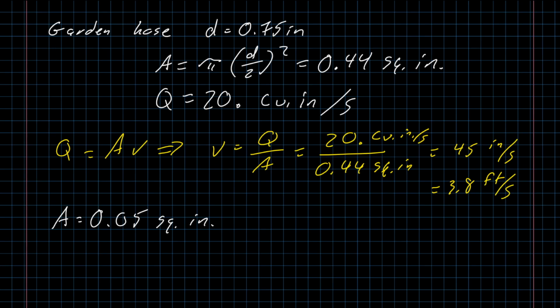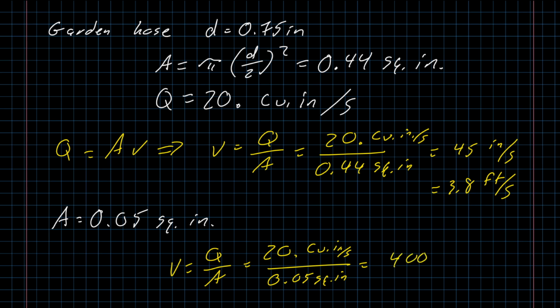Well, in that case, V is still equal to Q over A, but now we have that 20 cubic inches per second, and we'll divide it by 0.05 square inches, and we get 400 inches per second, which is about 33 feet per second.